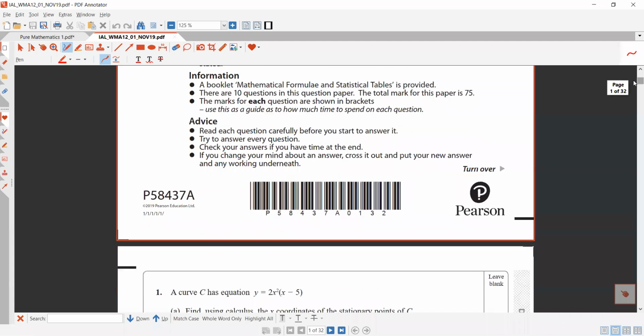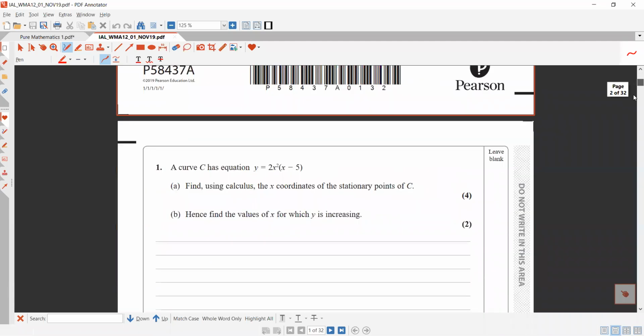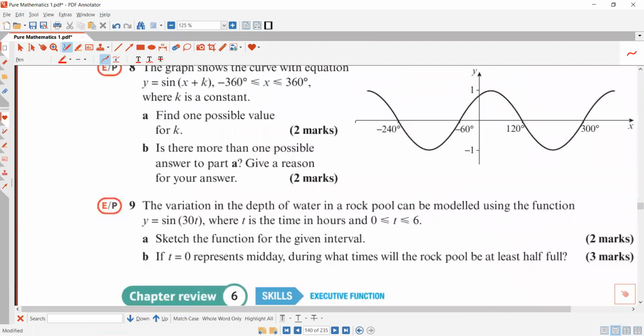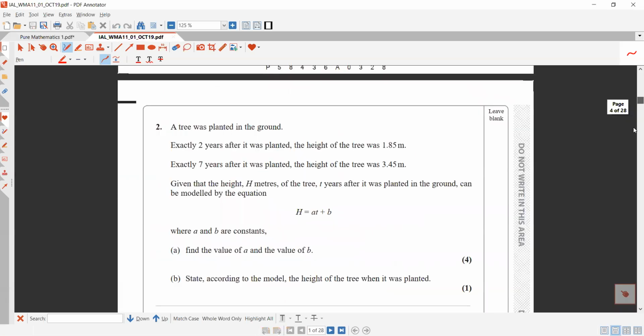So let us find any sine, tan, cos related sum over here which we can do. Nope, nope. Oh, it will come in P1. Why am I doing P2? P1, P1. Let's start. Not there, not there, not there.